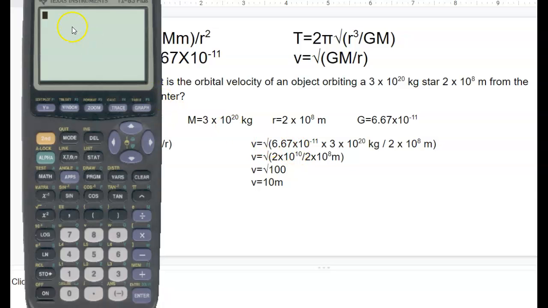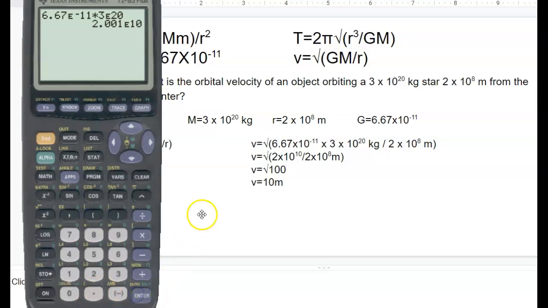G is 6.67 times 10 to the negative 11th. M is 3 times 10 to the 20th. R is 2 times 10 to the 8th. So I'm going to do 6.67 times 10 to the negative 11 times 3 times 10 to the 20th.